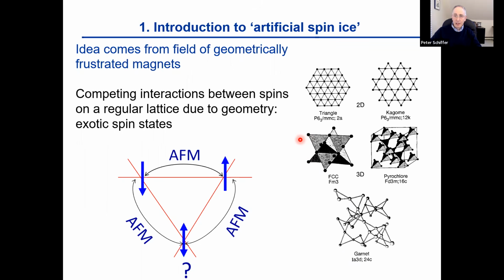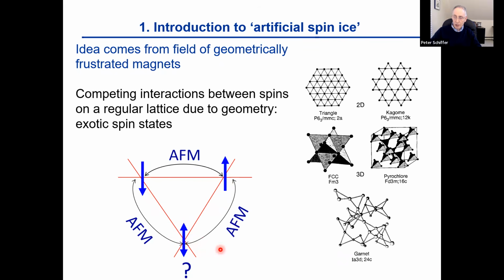And it can be illustrated in its simplest form by 3 Ising-like spins on a triangle with anti-ferromagnetic interactions. If this one's pointing up, this one wants to point down. This one down here can't decide which way it wants to point, because according to this interaction, it wants to point down. According to this interaction, it wants to point up. It doesn't know what to do, and therefore it's frustrated.